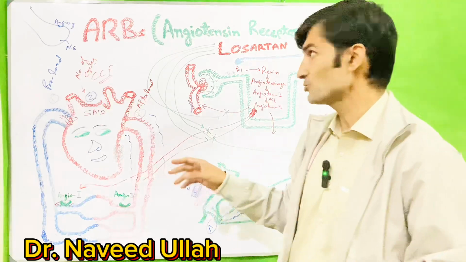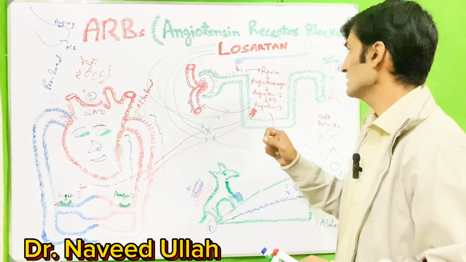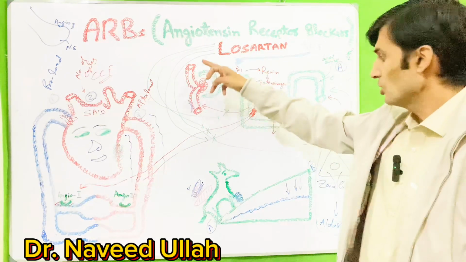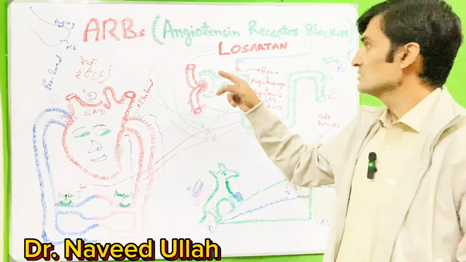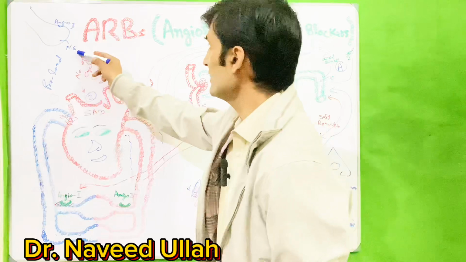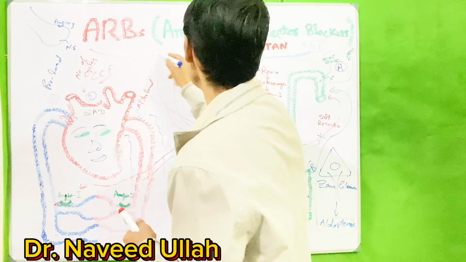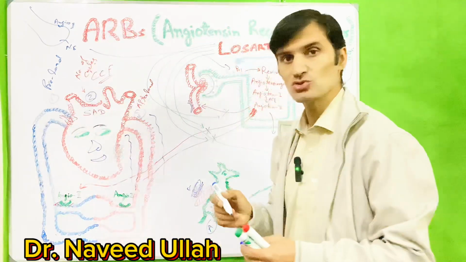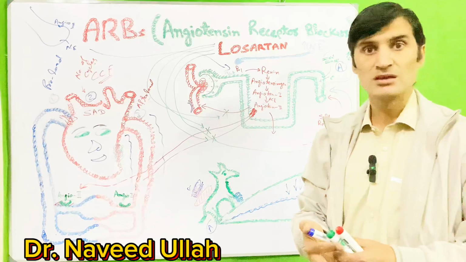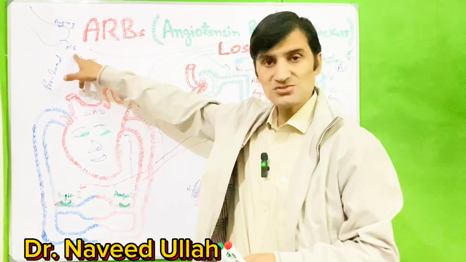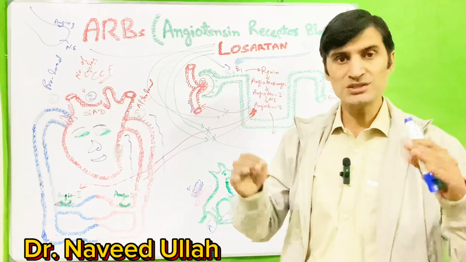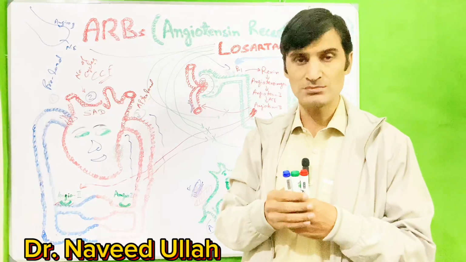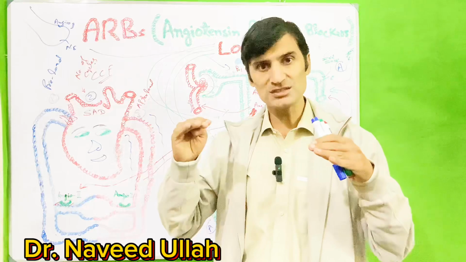Number one, the first point: when losartan acts, what will happen? Normally when norepinephrine is released, it will act on beta 1 receptors of the juxtaglomerular apparatus. In a stress condition, normally we have two systems, the cholinergic system and the adrenergic system. Both act simultaneously.